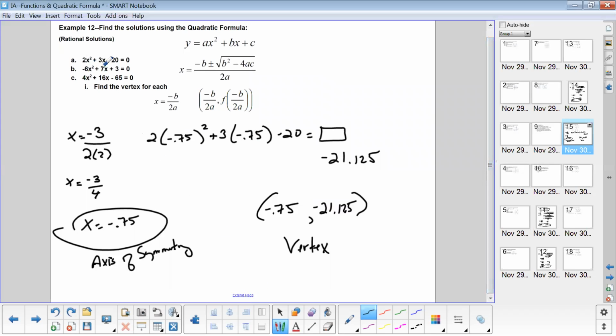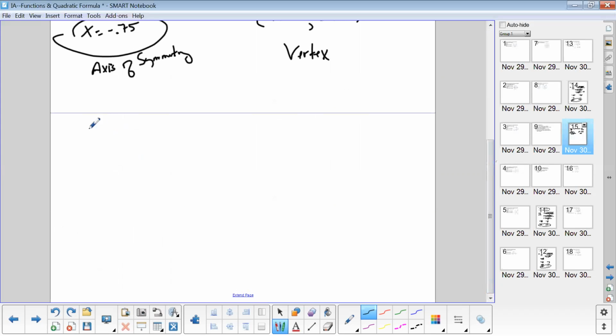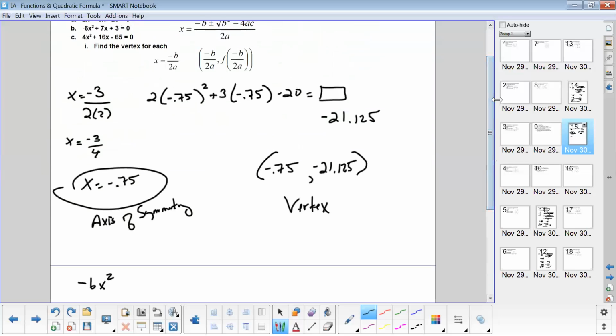So let's look at part B, and let's solve using the quadratic formula, and we'll also find the vertex. So that's negative 6x squared plus 7x plus 3.